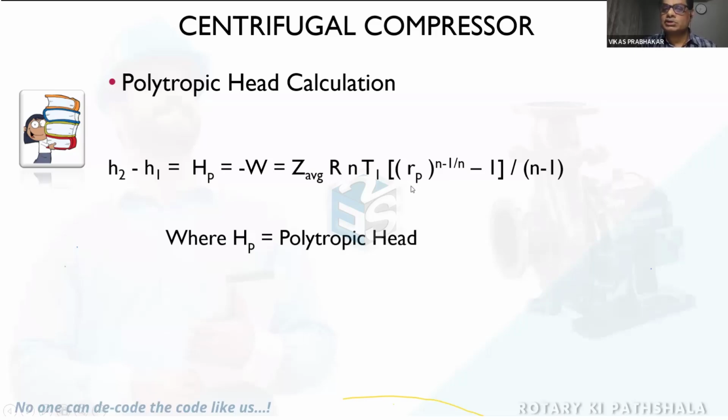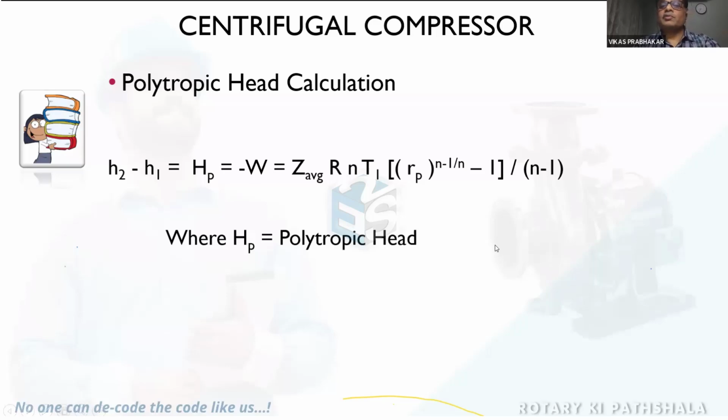RP is the pressure ratio of discharge to suction. So there are a total of 6 parameters which govern the polytropic head or enthalpy energy and ultimately the sizing of the compressor. That's why compressor sizing or selection is not that simple, similar to the centrifugal pump. For the centrifugal compressor, the selection and sizing is a bit complex.